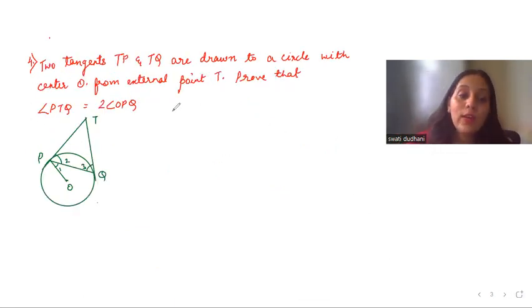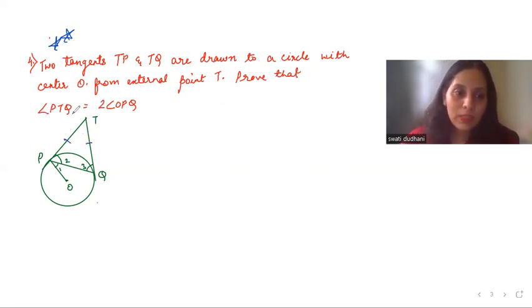Now, next one, this is again a very important question. Two tangents TP and TQ are drawn to a circle with center O from external point T. Again, we have an external point and the tangents are drawn. Tangents drawn from an external point are always equal in length, so TP and TQ are equal.